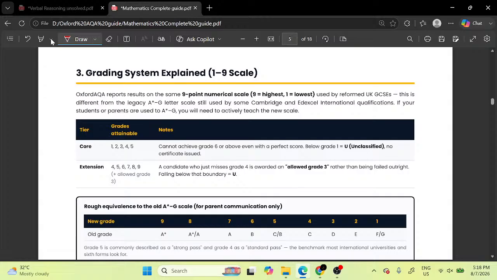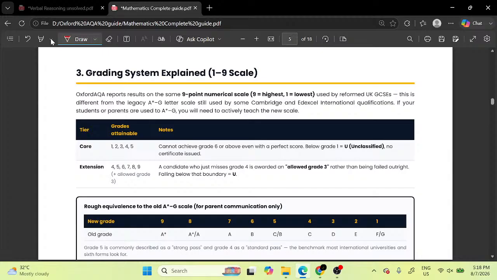The grade below is 1, equivalent to U, ungraded or unclassified, as we studied in O levels or IGCSE. No certificate is issued for students who get grade 1, so they have to resit the paper again.